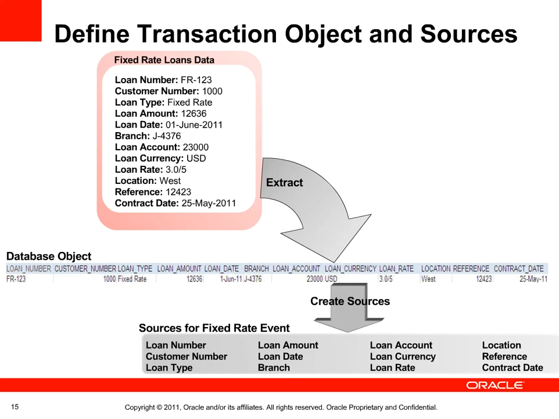All of this needs to be done prior to an accounting run so that the events and transactions data is available for processing. By running the Create Sources process, each column of a transaction object becomes a source that is later to be used in accounting rule definitions.